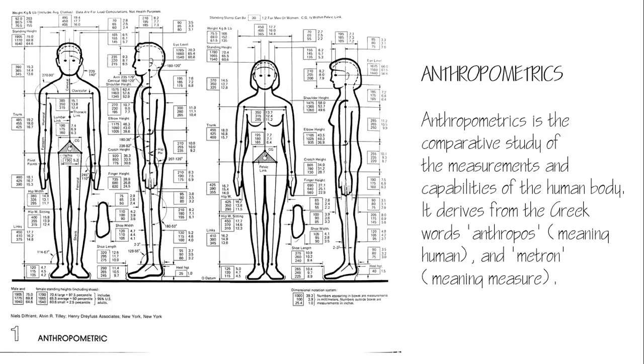For example, if you're going to have a table for two seats, you usually measure your shoulder width, right? So anthropometrics is important in coming up with an effective design.